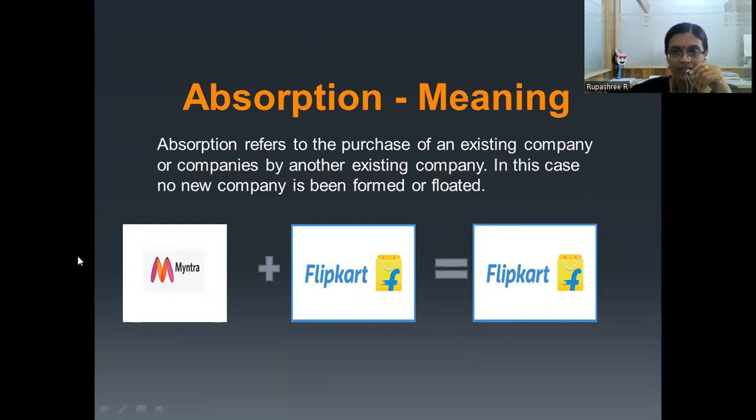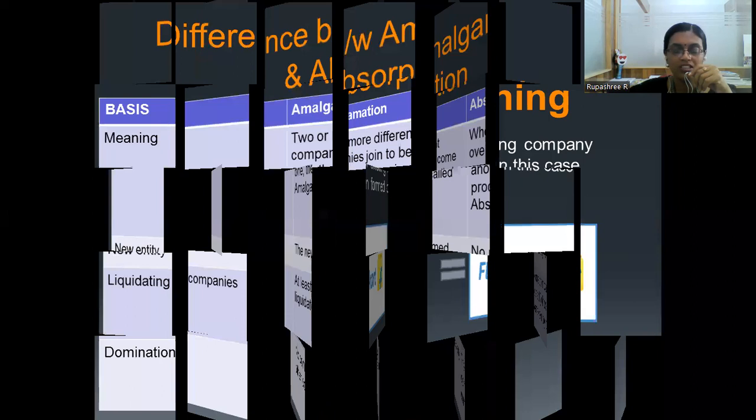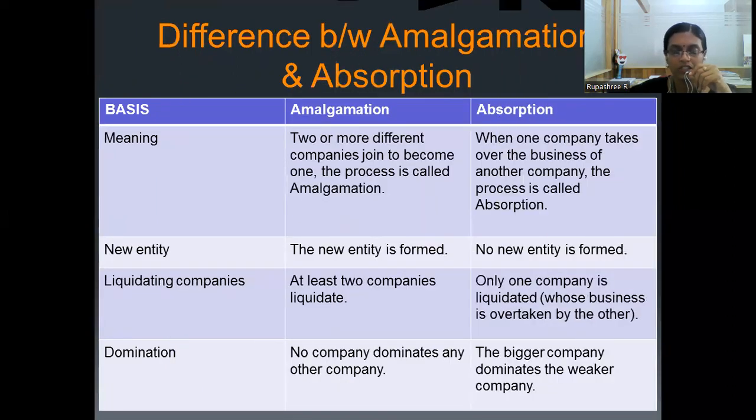Now, since we have seen what amalgamation and absorption are, we will look into the difference between them. The first underlying difference is that in amalgamation, a minimum of two companies join to become a single entity, whereas in absorption, only one company takes over the business of another company.